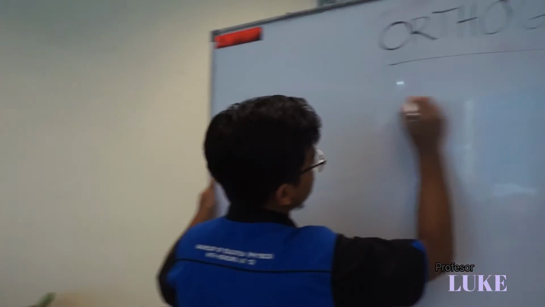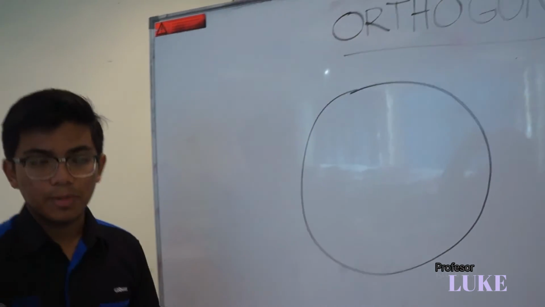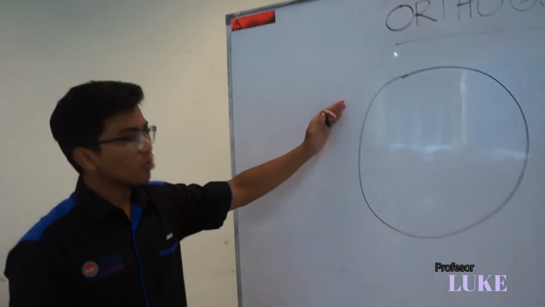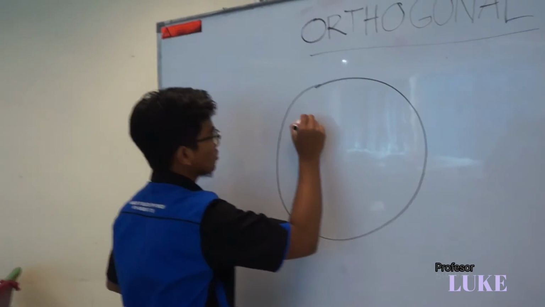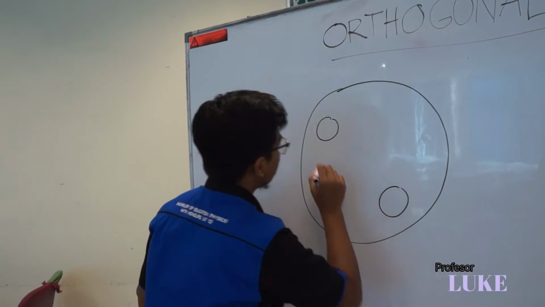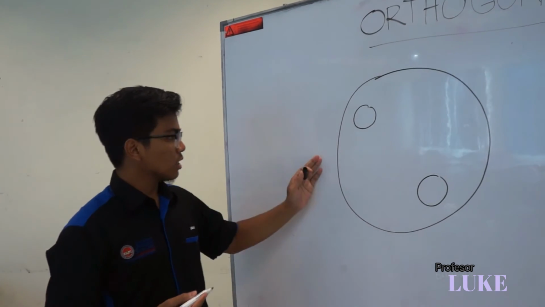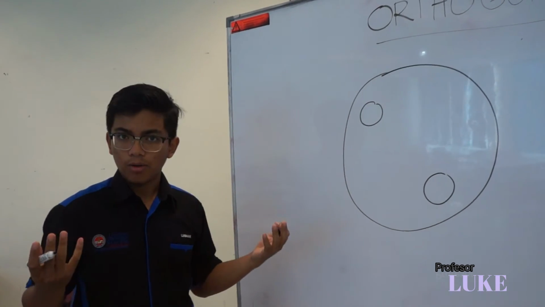Let's move to another part of orthogonality: orthogonal subspaces. Now we have a subspace, and in the subspace there is a vector. We want to make sure the subspace is orthogonal. How?